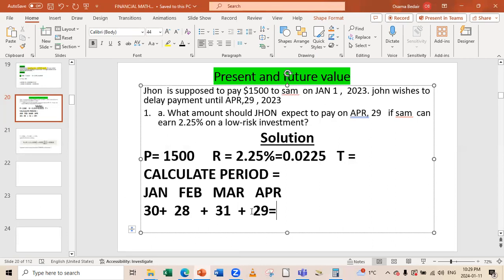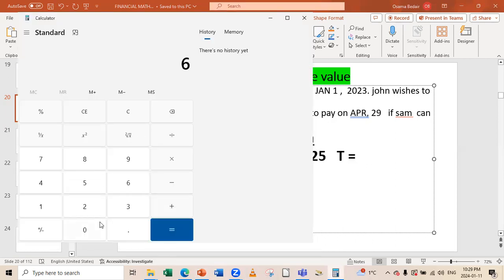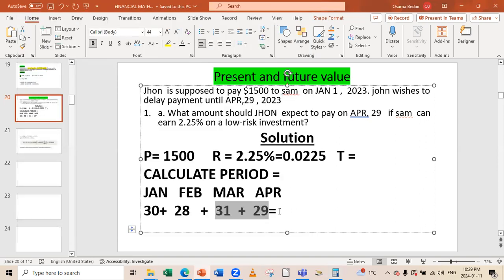Then 31 and 29, this is 60. 60 plus 58 will equal 118 days. Control C. That will be 118 days.